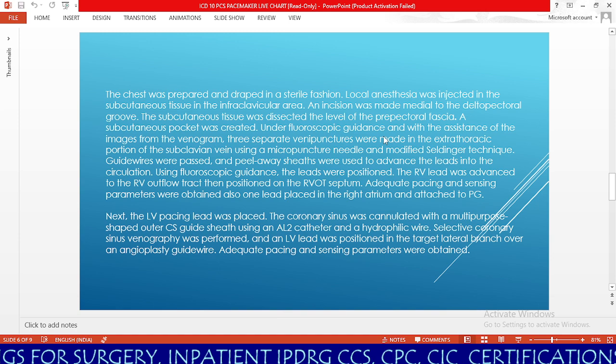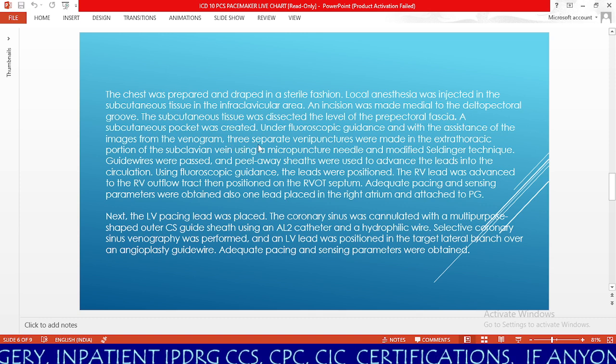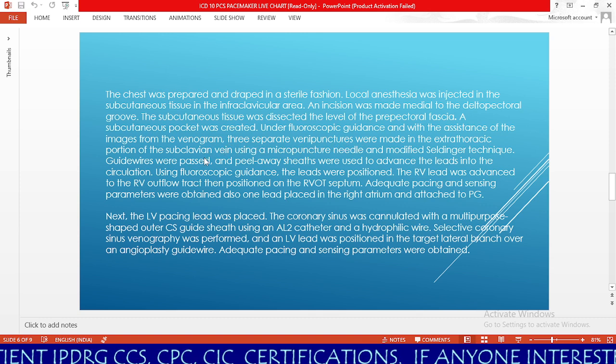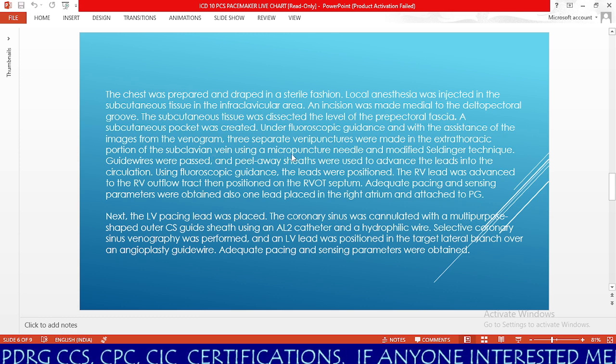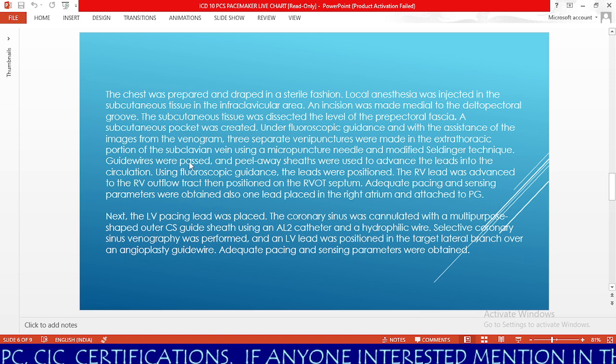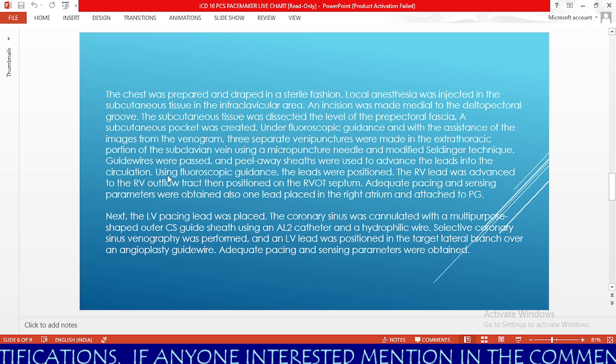Under fluoroscopic guidance and with the assistance of the images from the venogram, separate venipunctures were made in the extrathoracic portion of the subclavian vein using a micropuncture needle and modified Seldinger technique. Guide wires were passed and peel-away sheaths were used to advance the leads into the circulation.